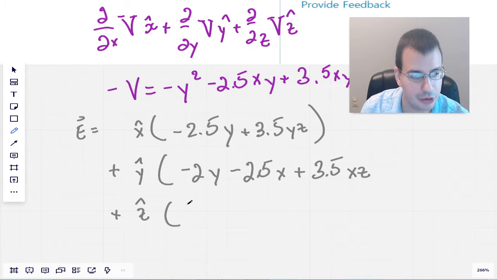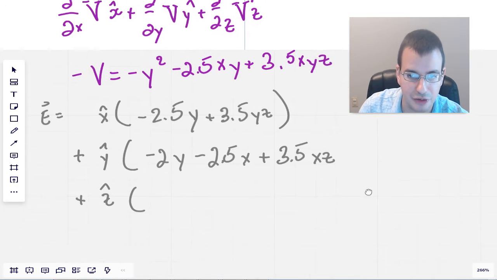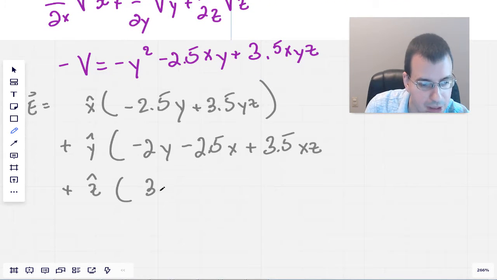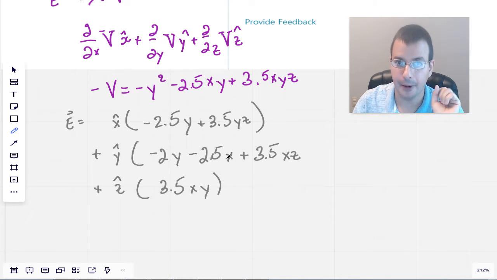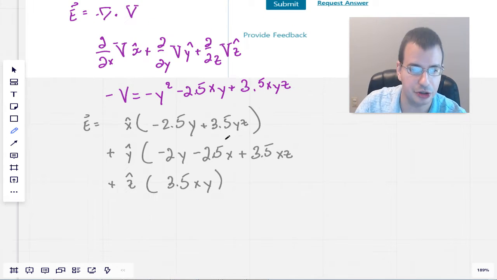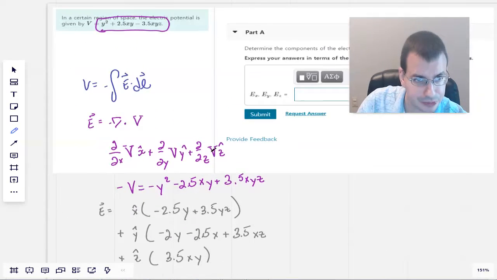Z hat, okay, now we'll do the z portion. That goes to 0, that goes to 0, and we are left with 3.5xy. And this will be our electric field that creates this potential in this space.